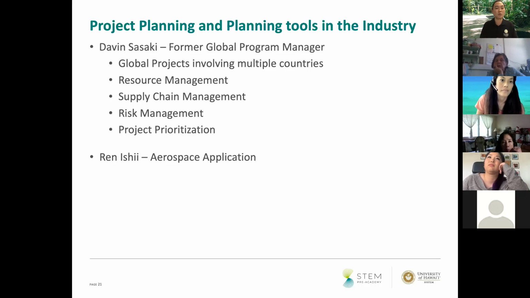It's also a great tool for resource management in the industry, meaning that a particular engineer may work on 5-10 different projects, and we want to make sure that we don't overload that engineer. It is a tool where you can see if a particular person or team may get too much on their plate, and then you can balance it out. It's also a tool for supply chain management.